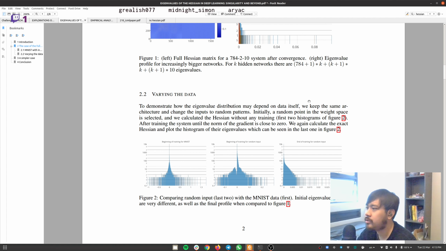I'm confused because if you want to check how it depends on the data, wouldn't you change the data? I'm confused. We keep the same architecture and change the inputs. Inputs meaning, yeah. Ah, okay. Yes, yes.